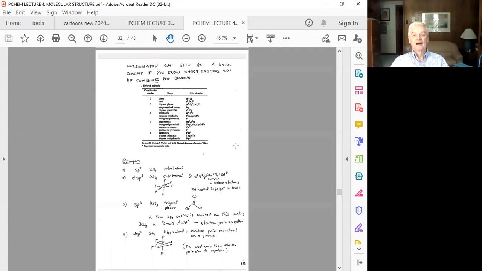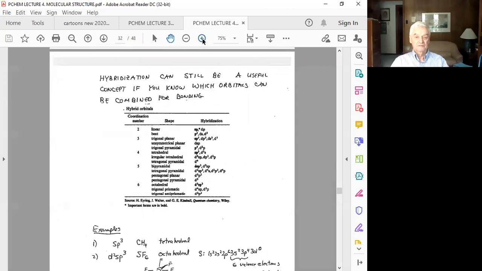I'll put down hybridization a lot, but don't throw out everything that you learned from organic chemistry. Hybridization can still be a useful concept if you know which orbitals can be combined for bonding. So here are coordination numbers, and here are shapes.